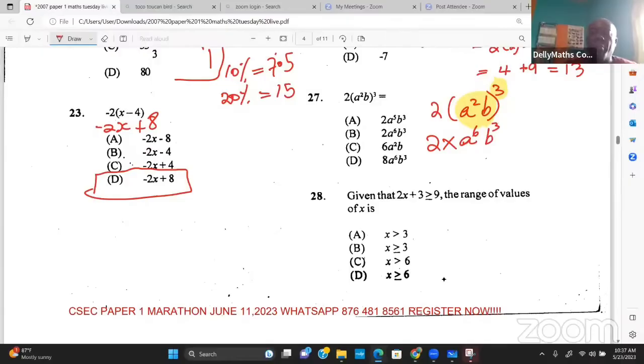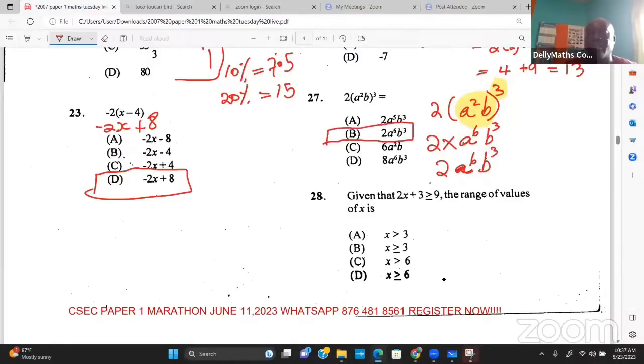Remember, when a power is raised to a power, you multiply powers. And then at the end, you should be looking for 2 times a to the 6th and b to the 3rd. And I'm looking at b here.